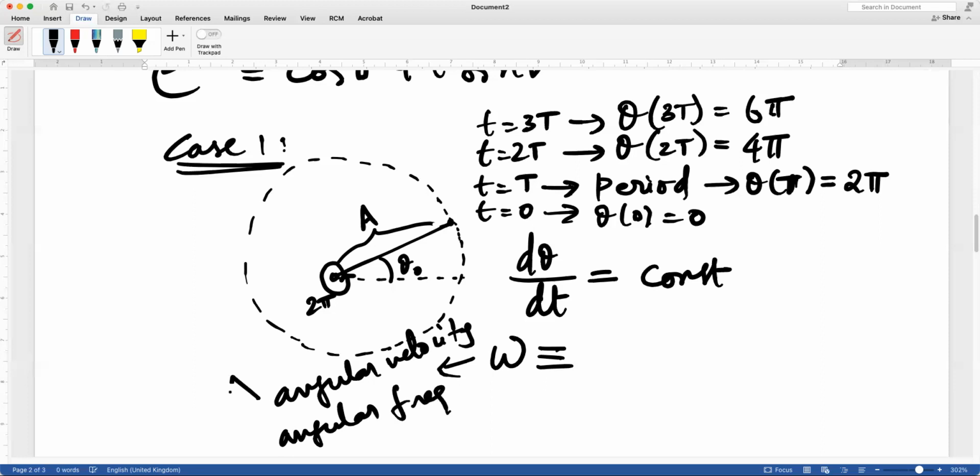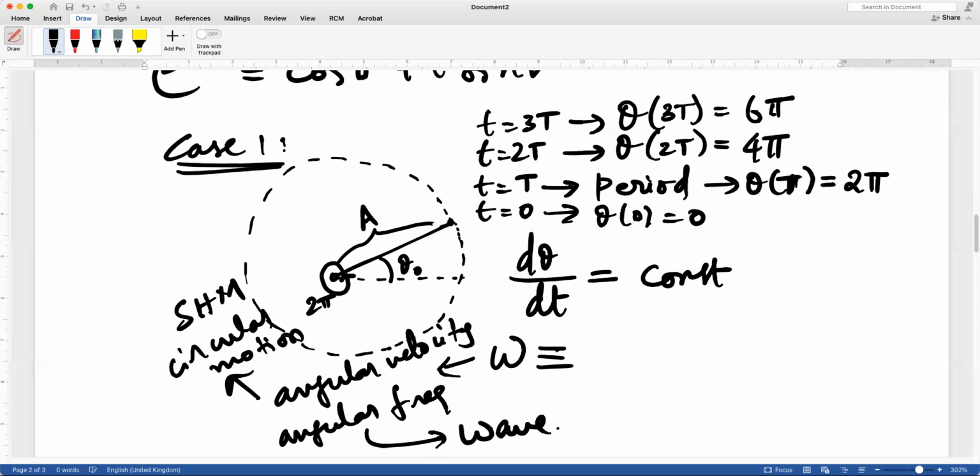Circular motion, the pendulum motion, simple harmonic motion, all come under this. So this is for material or object circular motion, but angular frequency is for the wave. But the mathematical model will be exactly the same for both cases. This is actually d theta by dt.